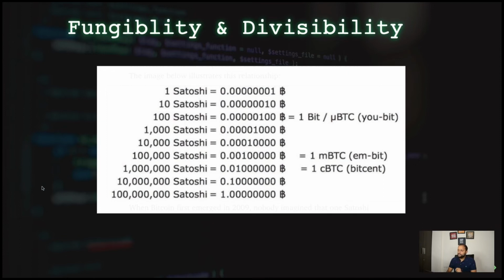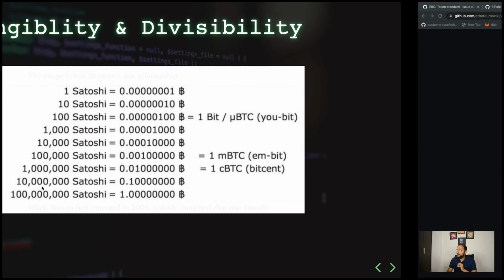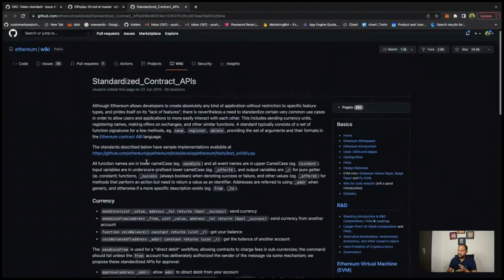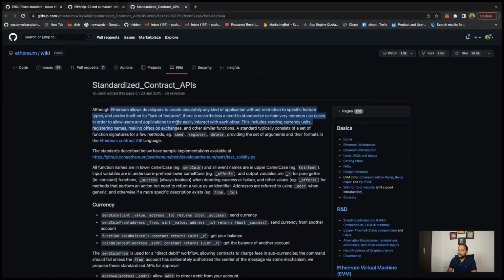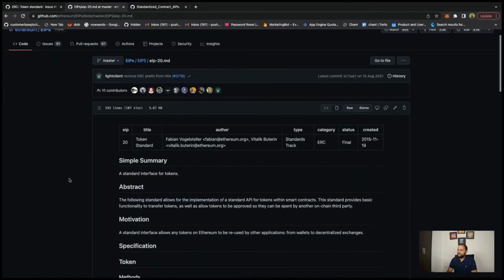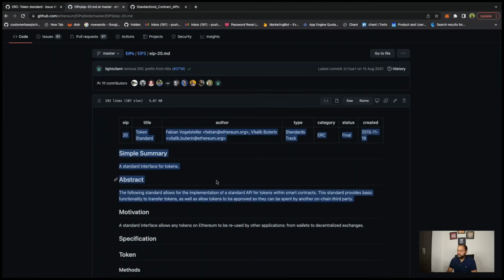So now we'll go back to the ERC20 token standard and again have a look at the original proposal that came in. This was basically the standardized contract API that was put forward by Vitalik, and this is the original proposal, right? So you can see the EIP value as 20.